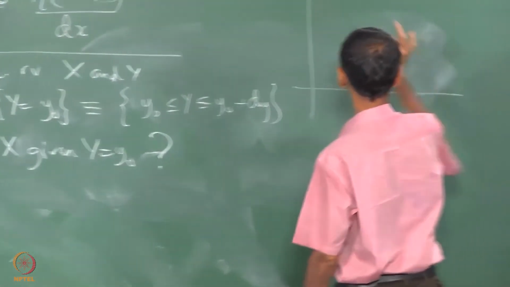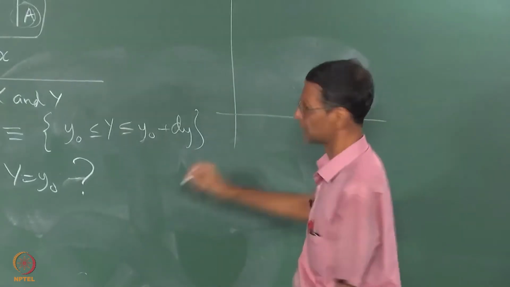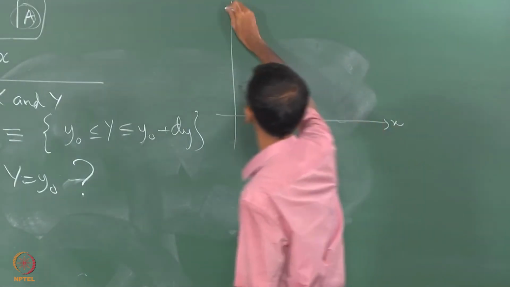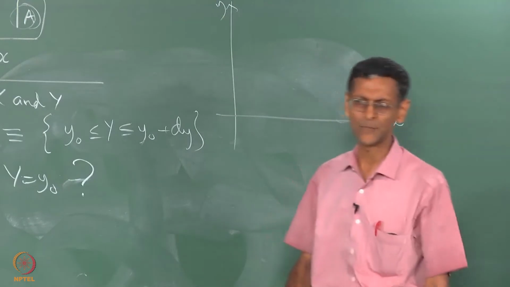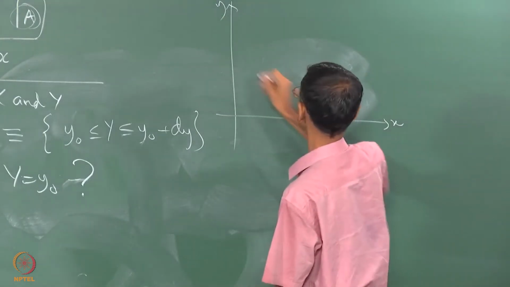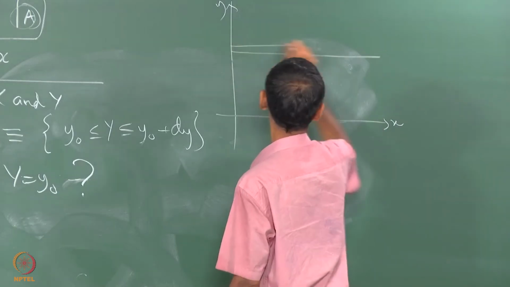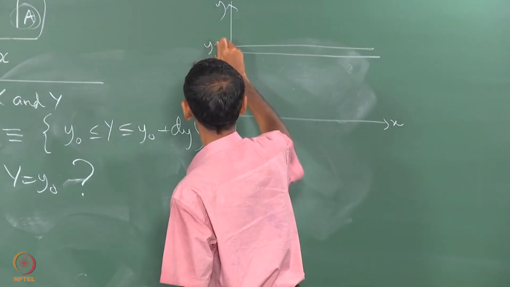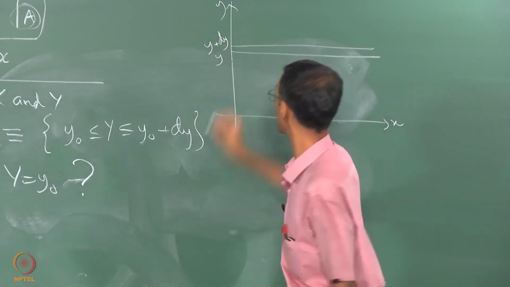Let us consider only the first quadrant, otherwise drawing becomes a little messy. We are starting with only this being omega xy. So what I have said is y is between y naught and y naught plus dy, so the conditioning event is out here.